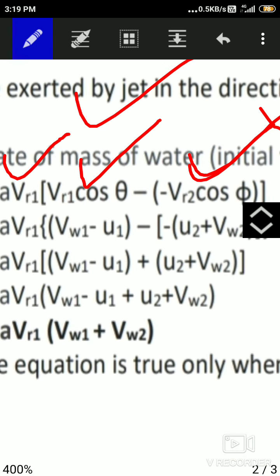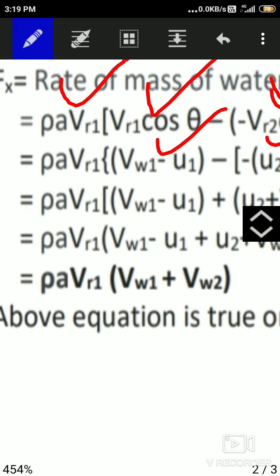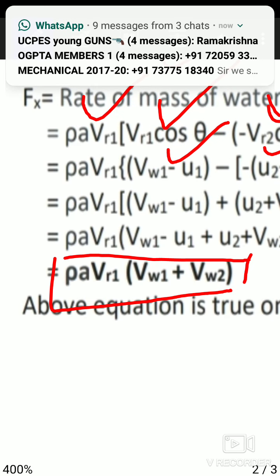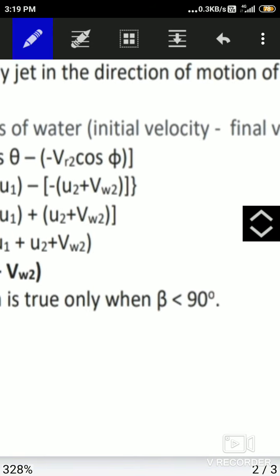So in place of VR1 cos theta we have written VW1 minus U1, and in place of VR2 cos phi we have written U2 plus VW2. So finally, after simplification, the expression will be rho A VR1 whole into VW1 plus VW2. And this equation is valid only when beta is less than 90 degrees.